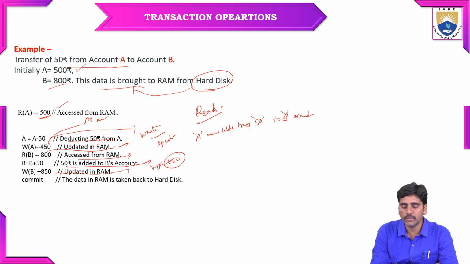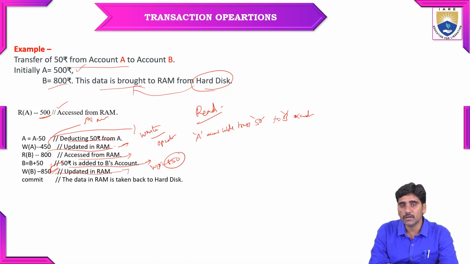So here 50 rupees added to the B account means it performs a write operation.